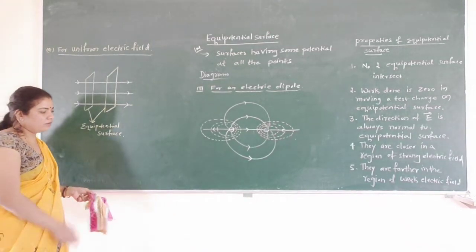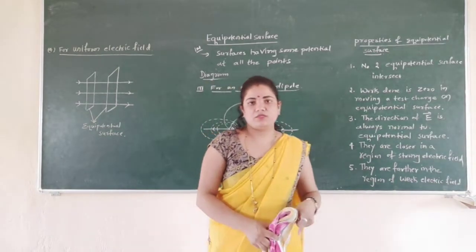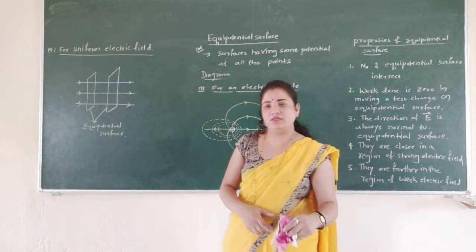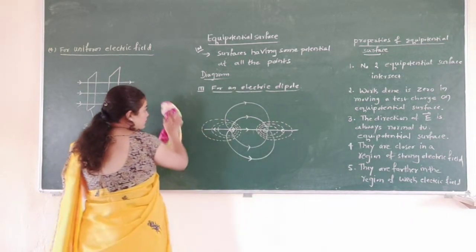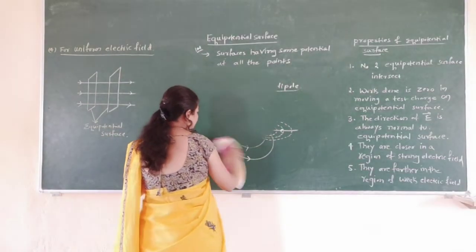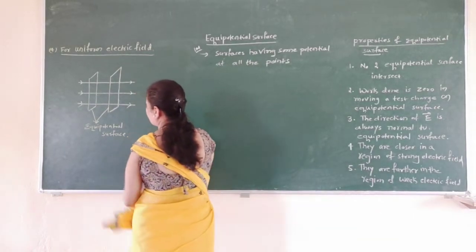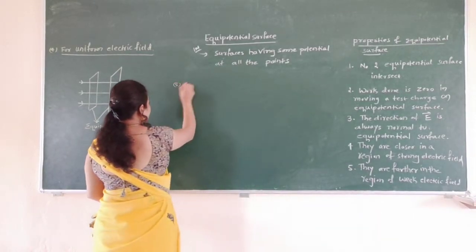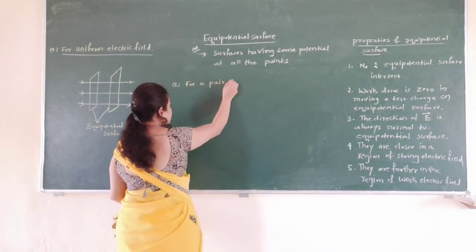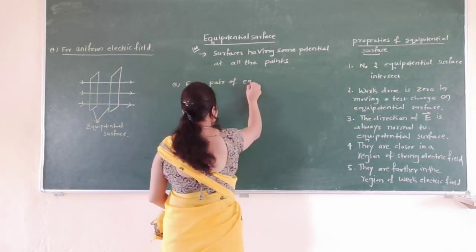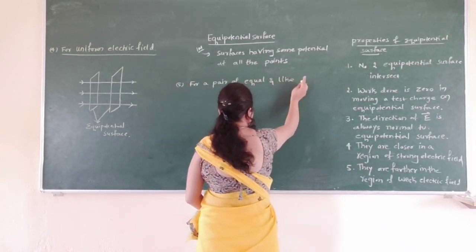Okay, next, for a pair of equal charges, equal and like charges. So, fifth one, for a pair of equal and like charges.